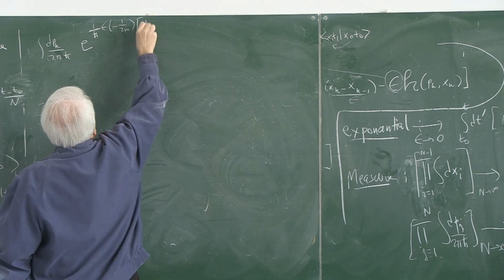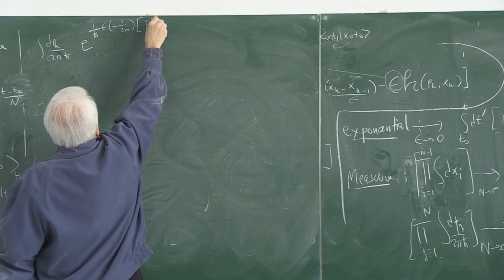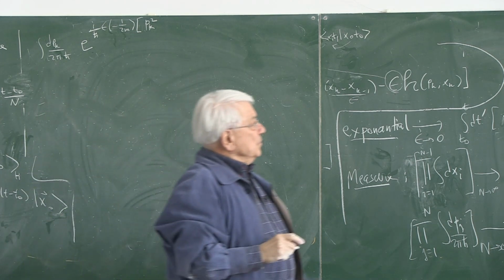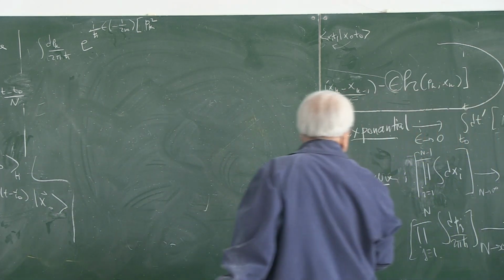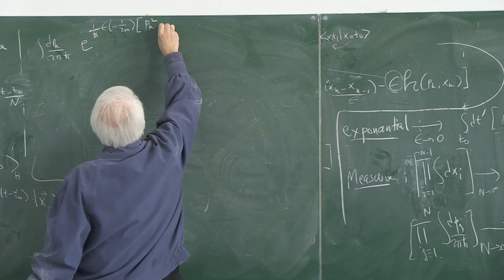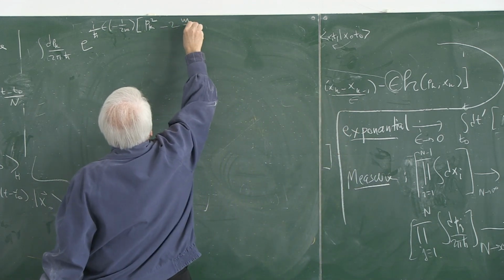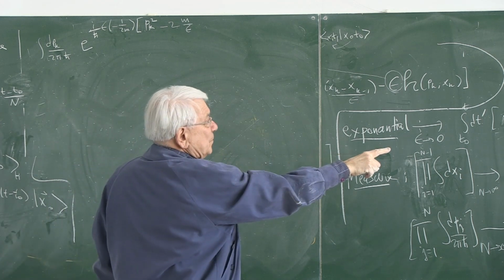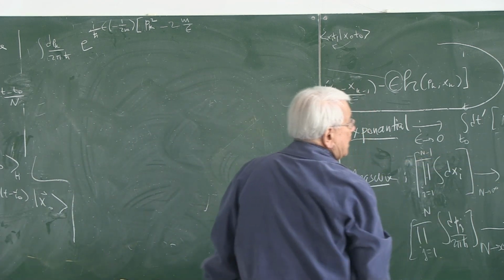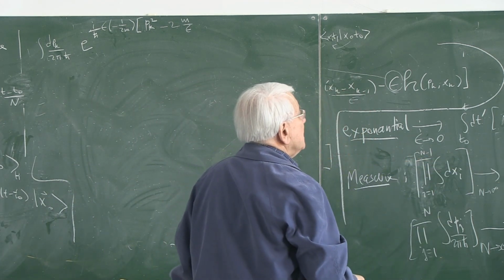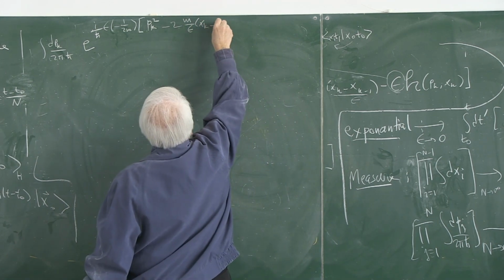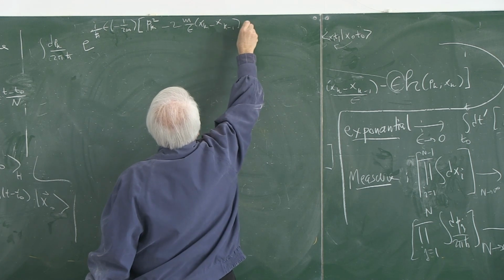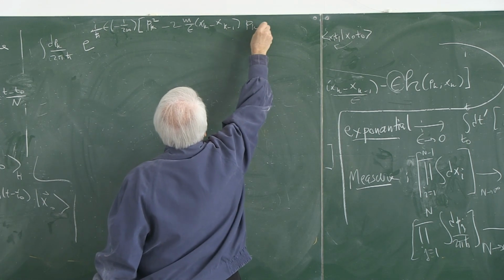What is left over? There is pk squared times 2m divided by epsilon, moving this thing up, xk minus 1, pk.